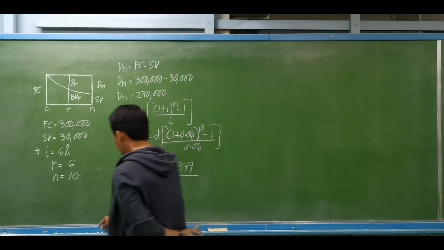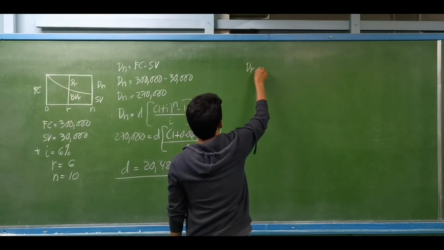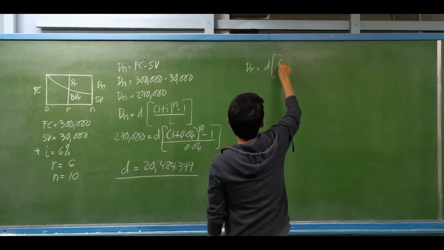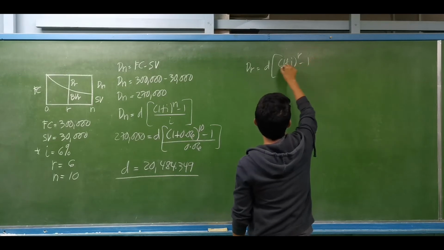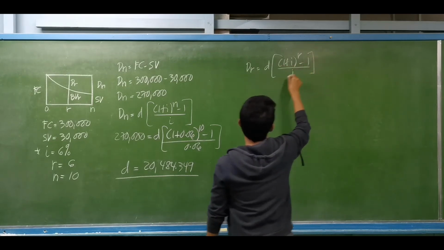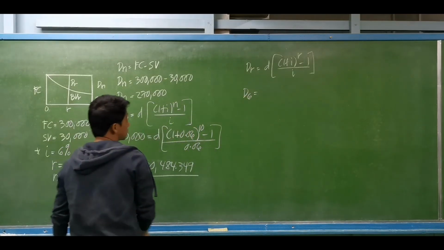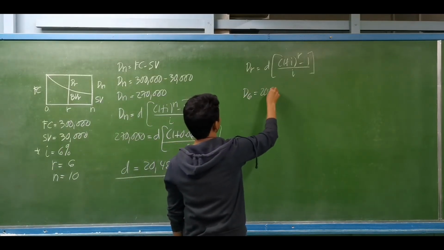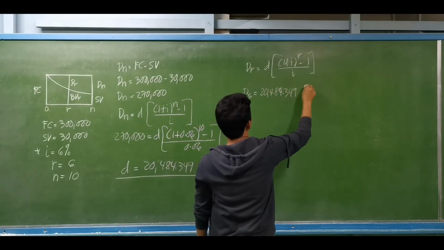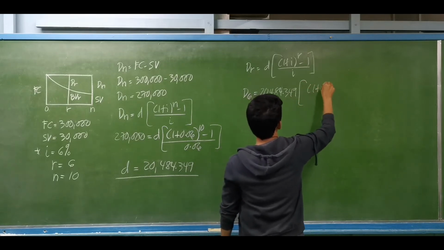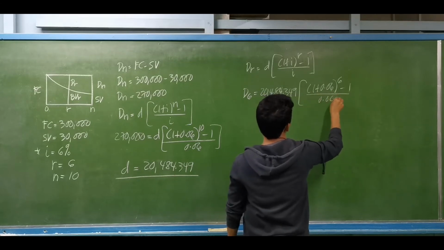Okay, let us determine the value of d sub r. We have d sub r equal to the uniform depreciation value multiplied by 1 plus i, and all you have to do is change the exponent to r, minus 1, divided by i. This is the depreciation on the 6th year. So d sub 6 is equal to 20,484.349 multiplied by 1 plus 0.06, good for 6 years, minus 1, divided by 0.06.